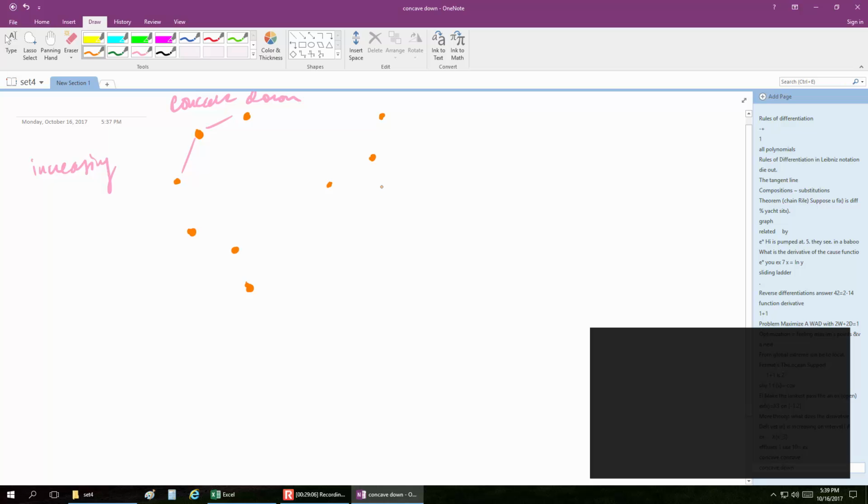So both of these concepts are still applicable even when the motion is incremental. Here I have decreasing concave up, and you can see how the slope changes.